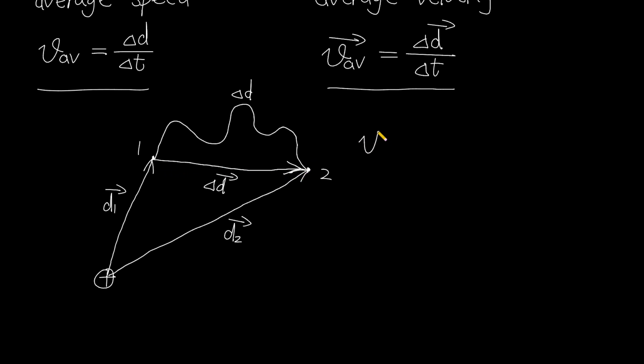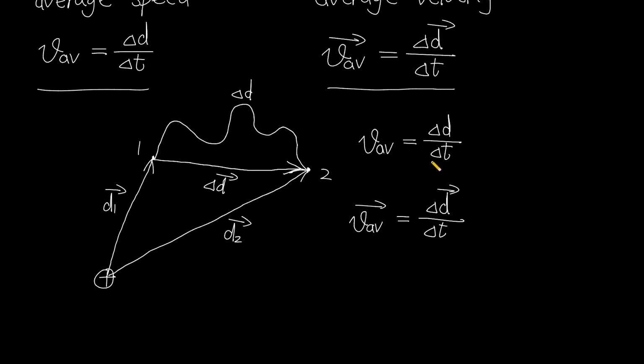And now, the average speed of the object equals the total distance delta d divided by the time span to travel the total distance. And the average velocity of the object equals the displacement of it, delta d, divided by the time span to move from position 1 to position 2.